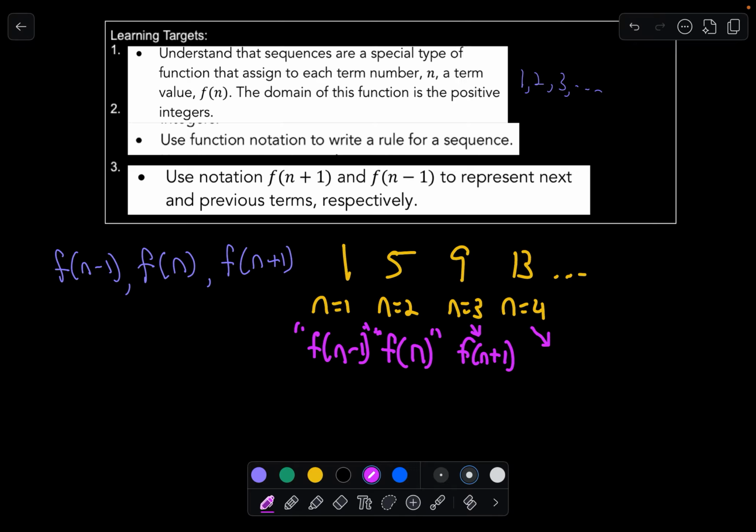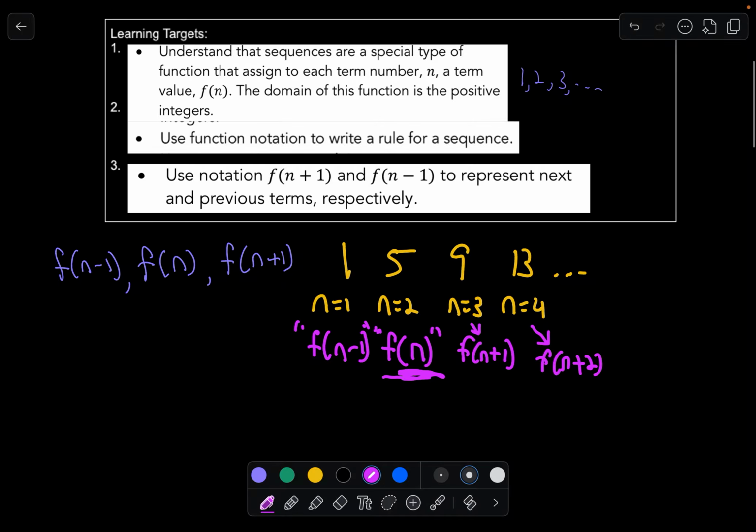And if you wanted to get really fancy, you could call this one f of n plus 2. Again, remembering that f of n is the second term. That's the way this notation works. So if n is 2, n minus 1 would be 2 minus 1. That would be referring to f evaluated at 1, which is this number 1 right here. Okay?